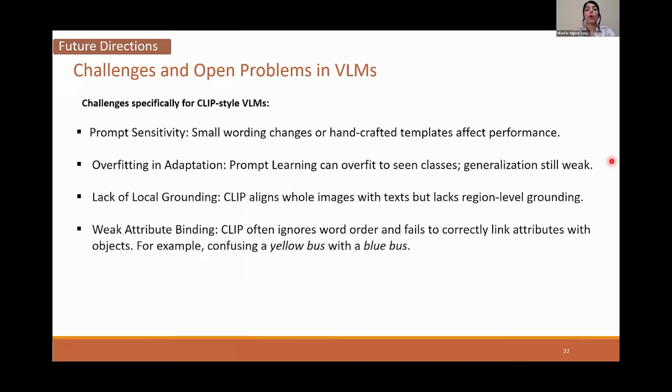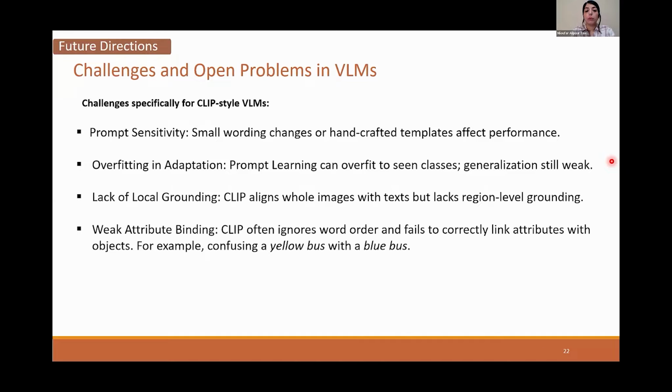It means that CLIP aligns whole images with text, but lacks region-level grounding because the whole image is matched with the whole description during the contrastive learning. So it cannot learn the details of the caption or details of the photo.